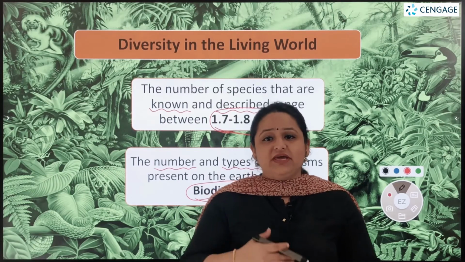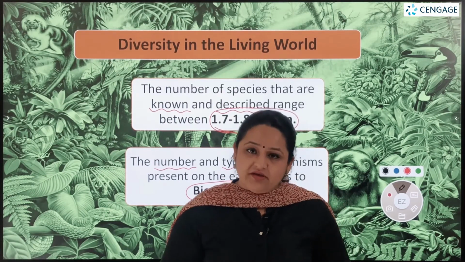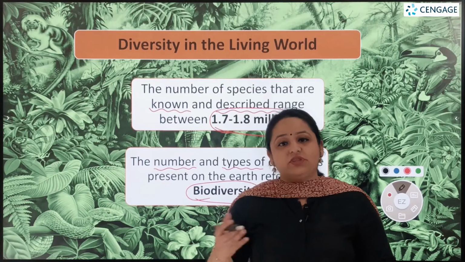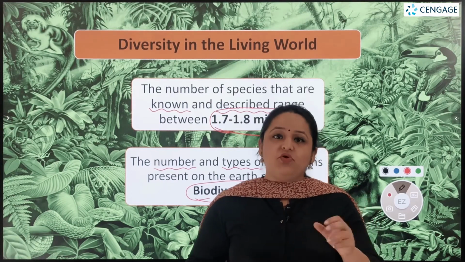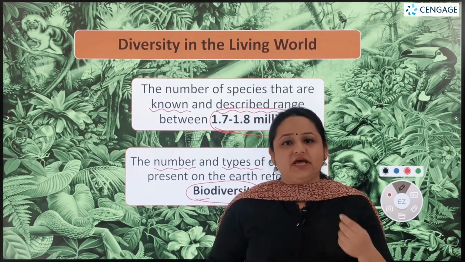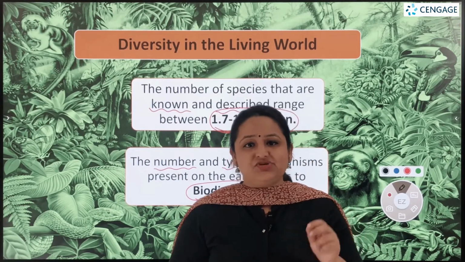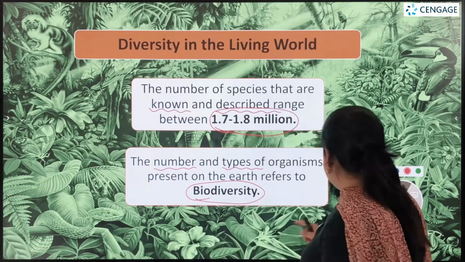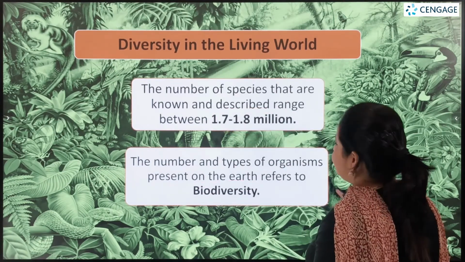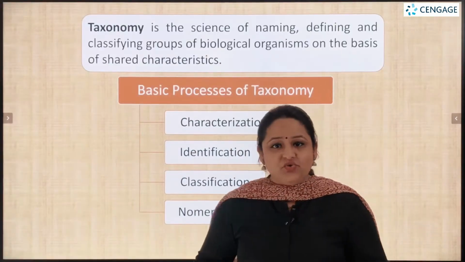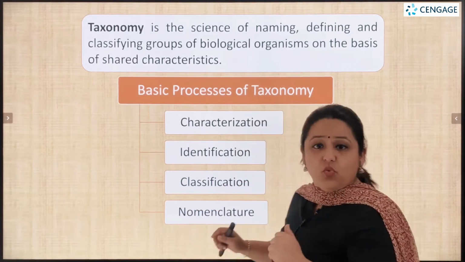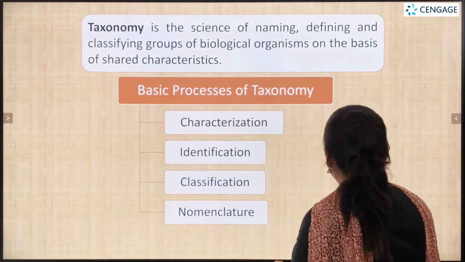Now, if we keep on looking at various new areas, or even if we explore the older areas in much more detail, we find different types of organisms every now and then. Now, there is a branch of biology which is dedicated to this type of study, and that is known as taxonomy. So, what exactly is taxonomy?